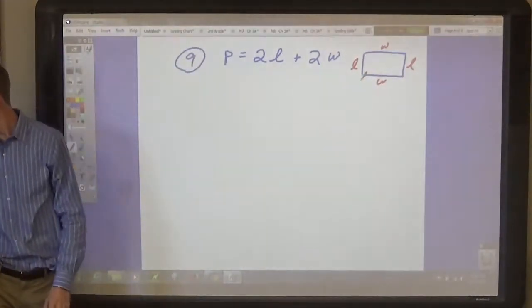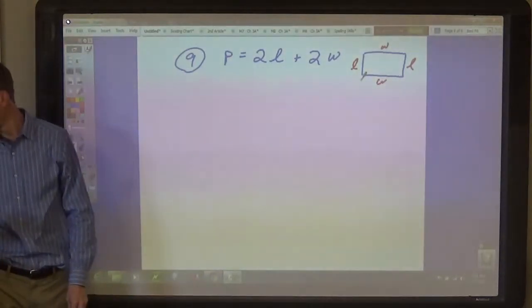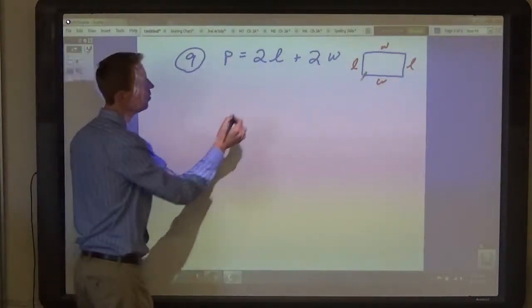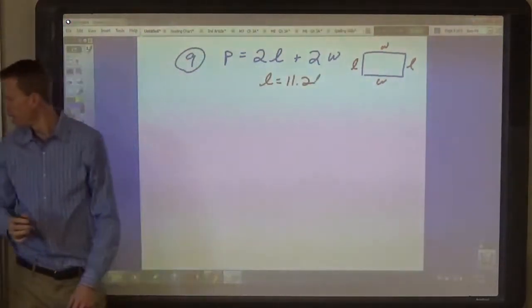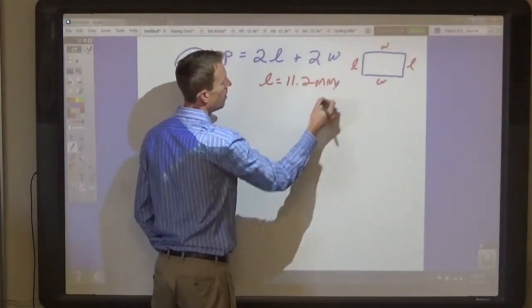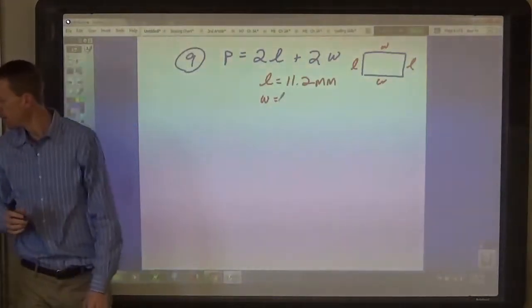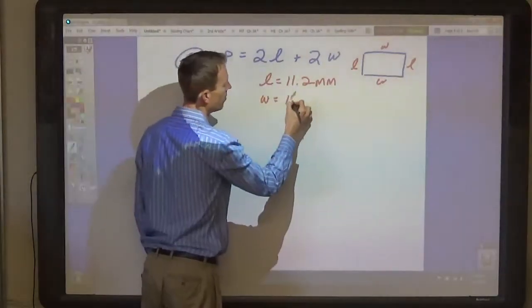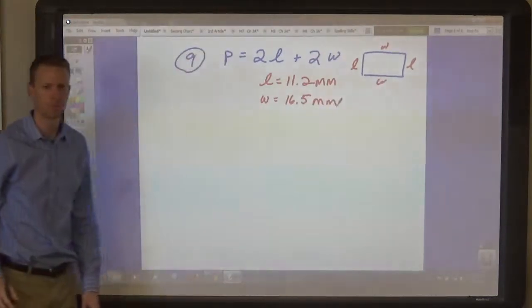Then, let's say that you're given that the length is 11.2 millimeters, and the width is, in this one, 16.5 millimeters. Okay.